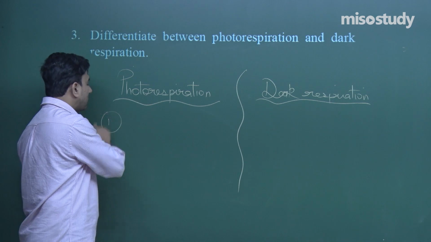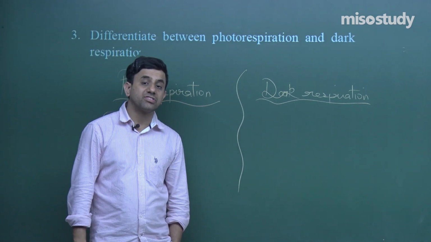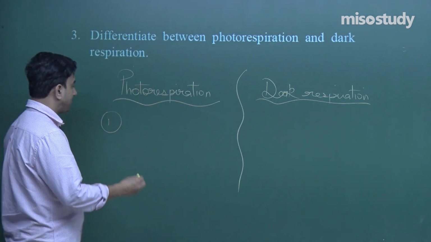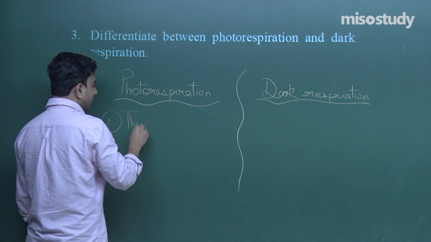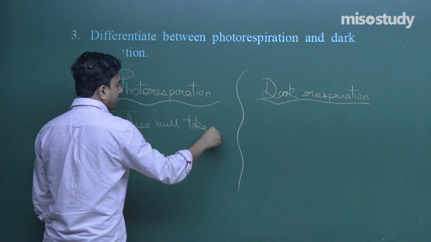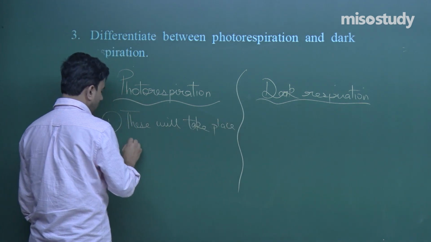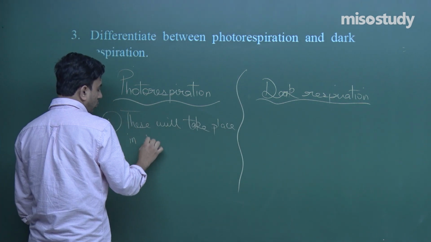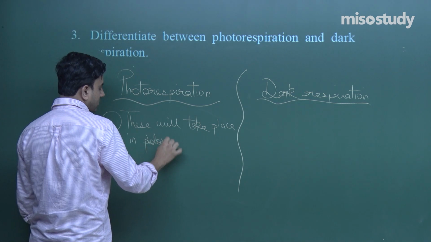Photorespiration will take place only in photosynthetically active cells, in photosynthetic organisms.